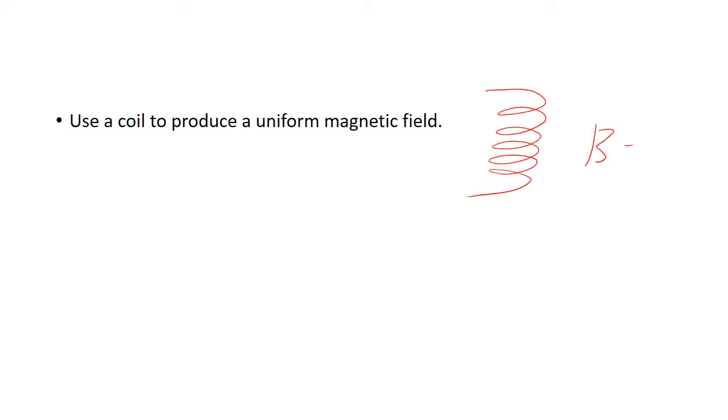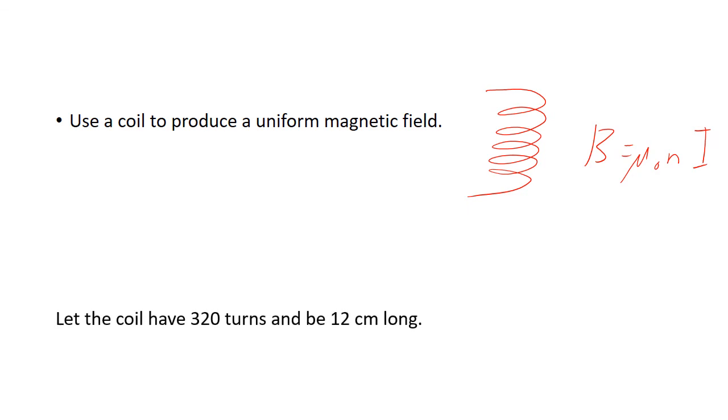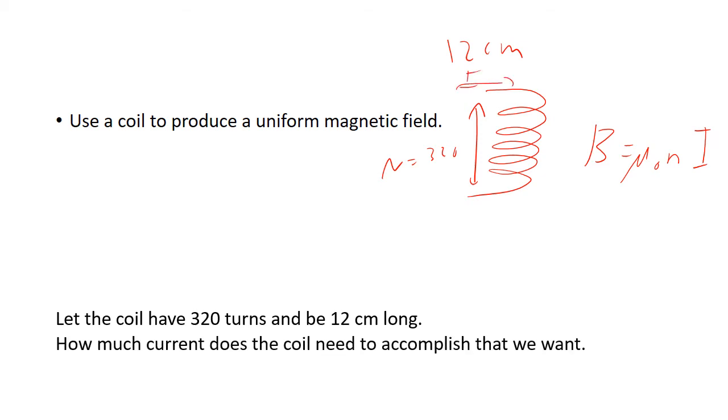So we know the magnetic field of the solenoid is mu naught n times I. So if we assume that our coil has 320 turns, and we assume the length of the coil is 12 centimeters, then I want to know what current has to be in the coil so that the magnetic field in the coil is sufficient to give us the cyclotron motion that we would like to have.